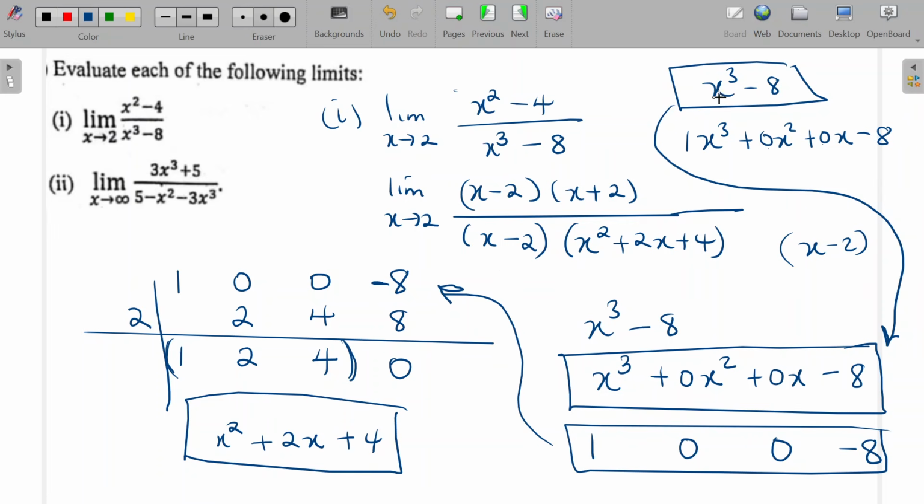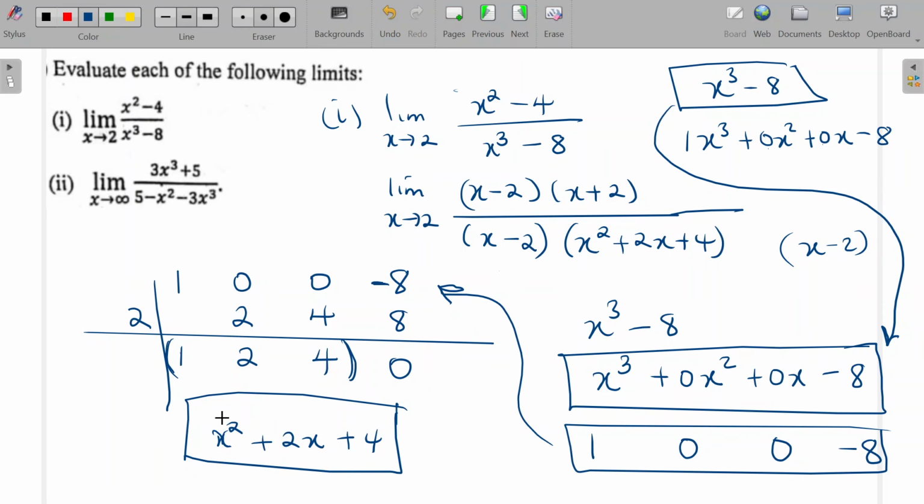So since I had x to the power 3, what I'll get, this one which is in front here, it will be x to the power 2, which is what I wrote here. Then this one will have x. Then this one will be a constant as it is like this. Are we together? Is it clear?